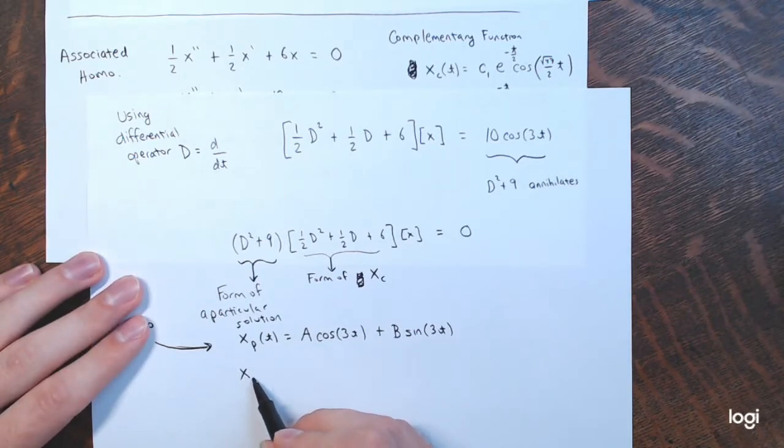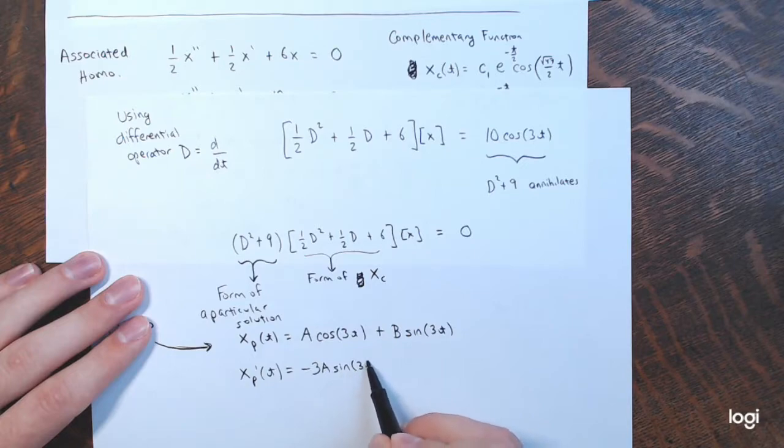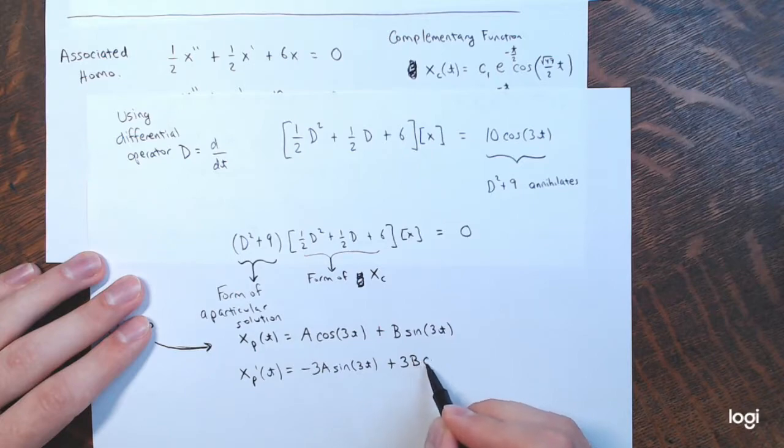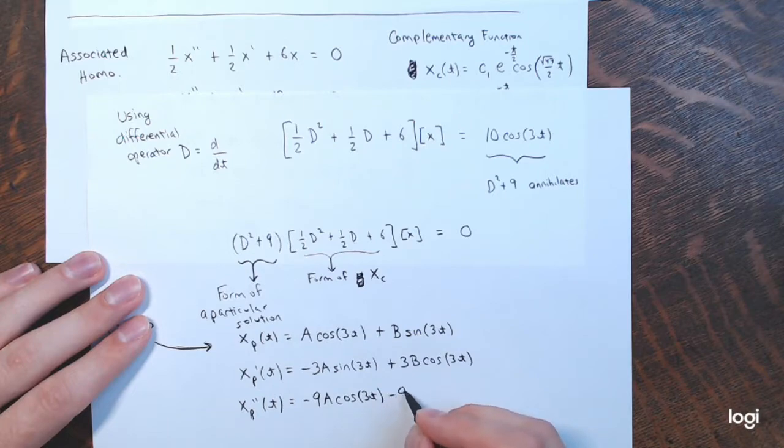So xp prime would be negative 3a times the sine of 3t, plus 3b times the cosine of 3t, and then xp double prime here would be negative 9a times the cosine of 3t minus 9b times the sine of 3t.